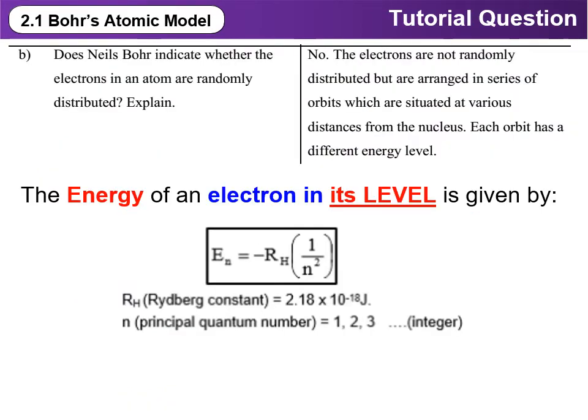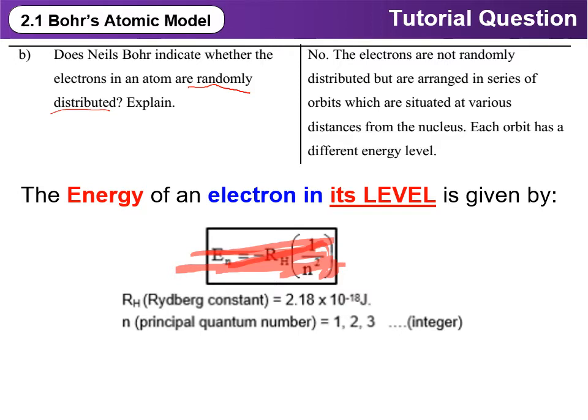Okay, next question: does Bohr's model indicate whether the electrons are randomly distributed? If you still remember the reminder I mentioned just now, we always have to remember the formula En equal to negative RH 1 over n squared. This formula lets us know that the energy of the electrons is fixed.